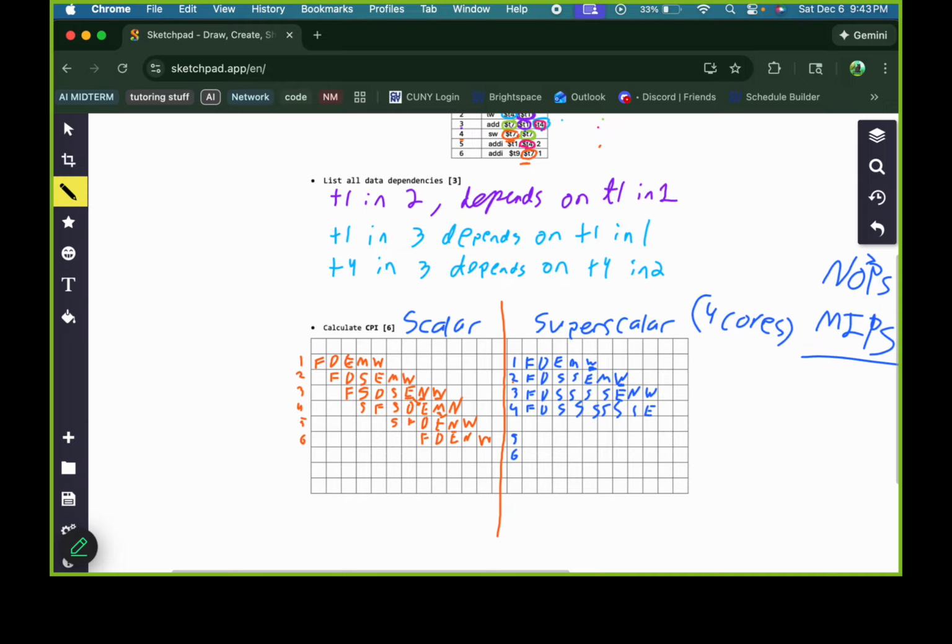This depends on if this is supposed to be pipelined or not pipelined. If this is not pipelined, I have to wait until the end of core 1, meaning I would start fetching over here. Otherwise, right, I would start fetching when core 1 is decoding. So this is just thinking of each core as its own pipeline.